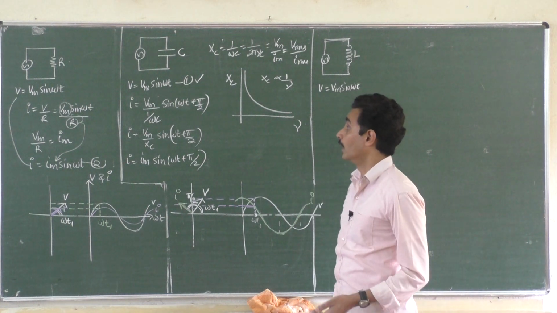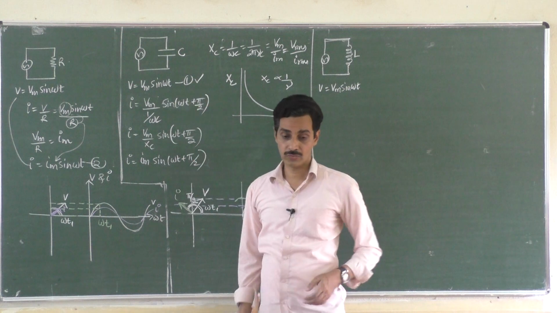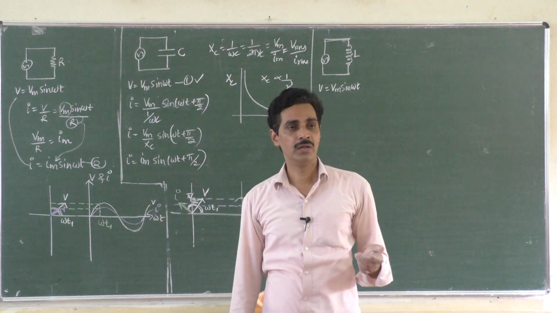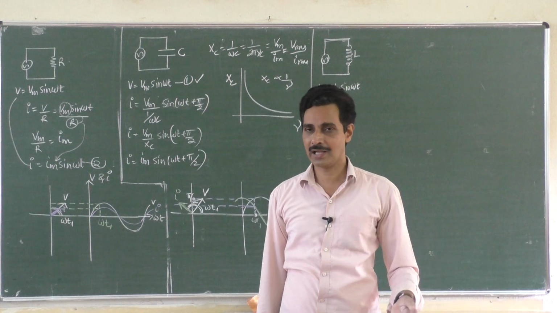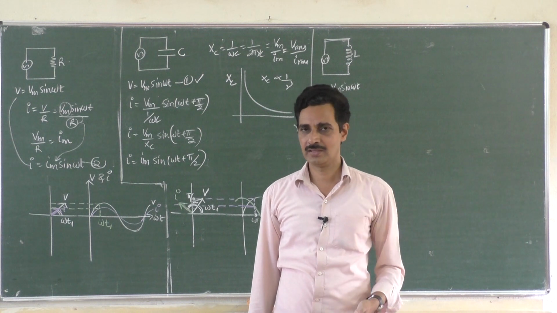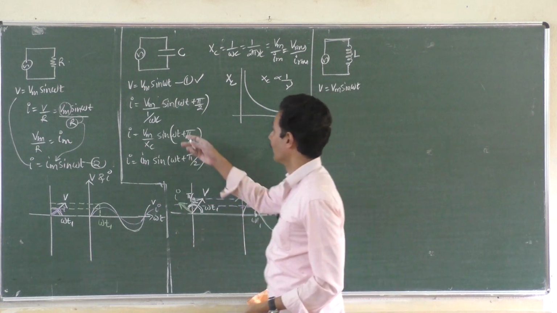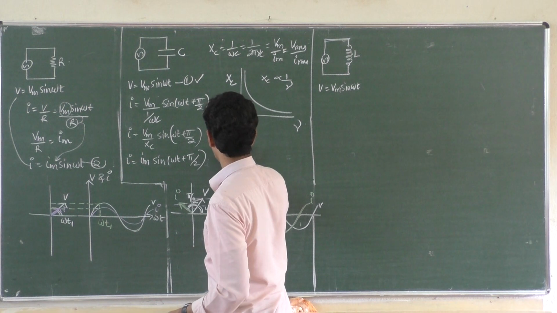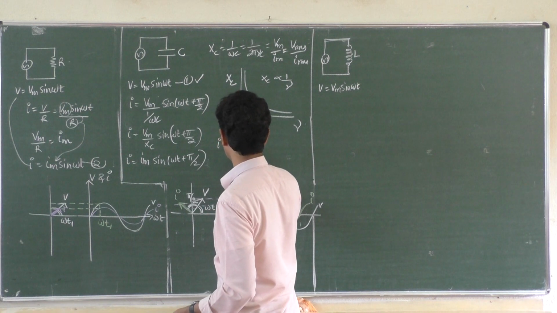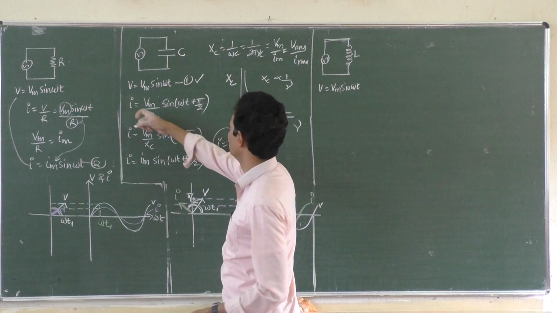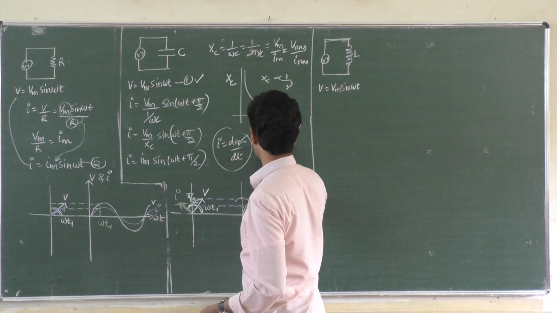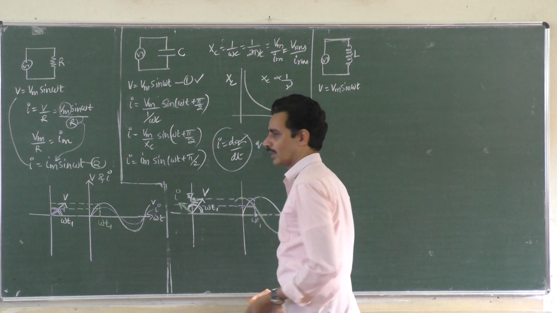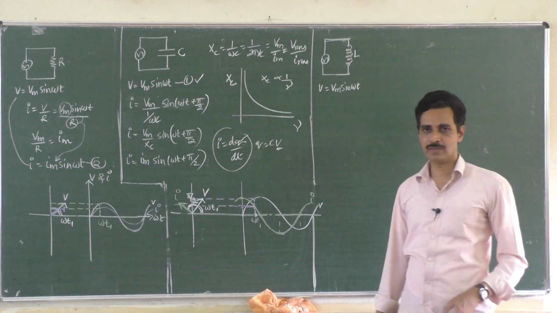For current in a capacitor circuit, we know that charge Q is equal to CV. Once you get charge, you can differentiate it, because the current through any circuit is the rate of flow of charge, dq by dt. Q is equal to CV, where V is Vm sin omega t, a time-varying voltage.